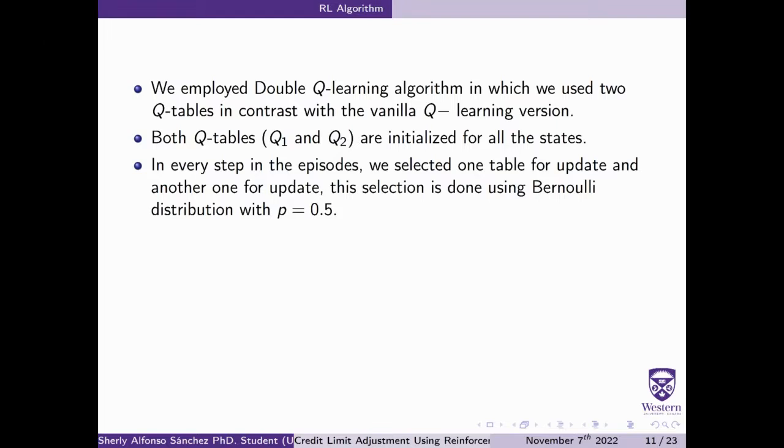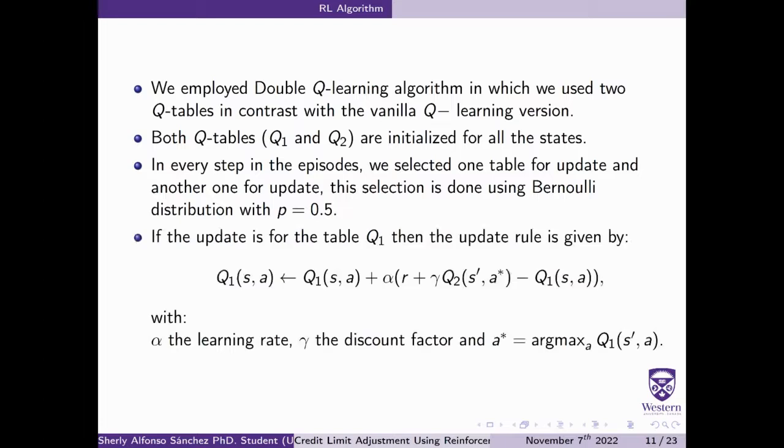The selection is done using a Bernoulli distribution with the probability equal to 0.5, and we are going to update using the Bellman equation. But here we are going to use another table, Q2, that is used to face the problem of overestimation. Here we have alpha as the learning rate, gamma the discount factor, and star represents the better action that will be taken into account in Q1.